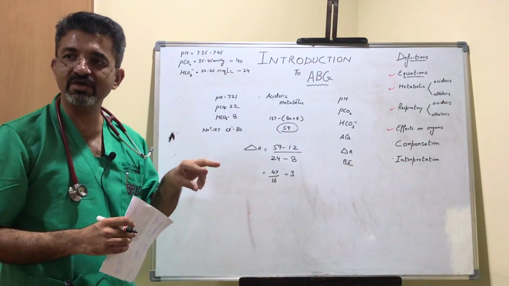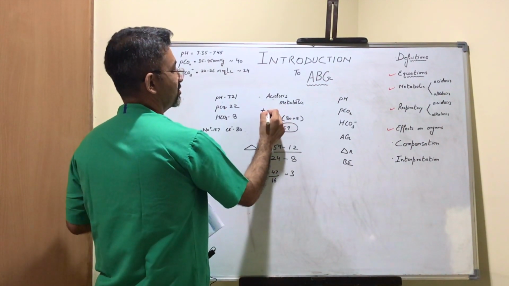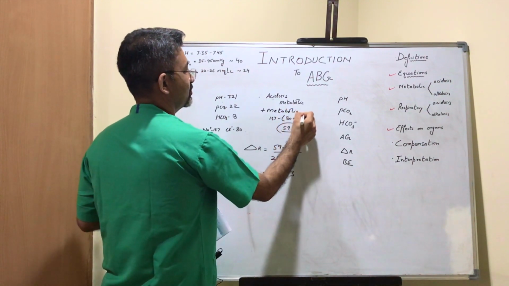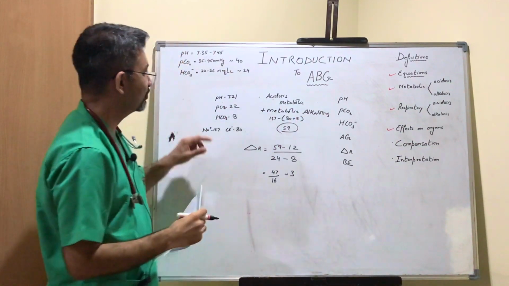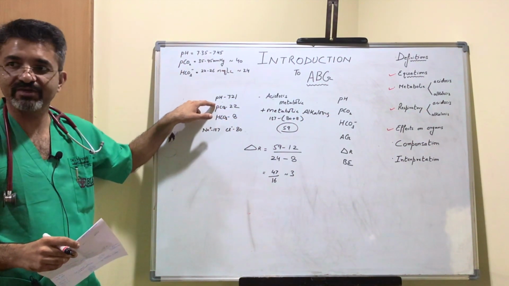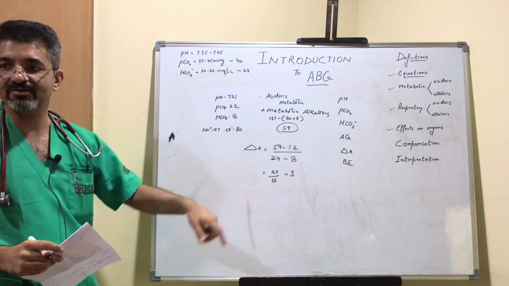So you have a dual diagnosis in this. You have acidosis, which is metabolic, plus metabolic alkalosis also. Mind you, by looking at this picture, you will not get metabolic alkalosis. Just by delta ratio, you are getting metabolic alkalosis.